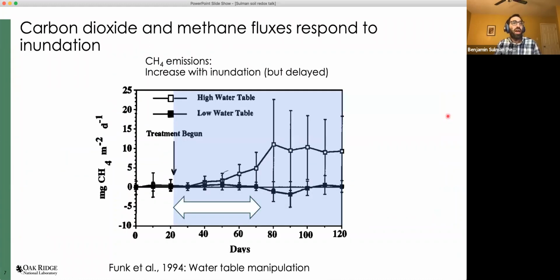So if we look back at our diagram of methane production under high versus low water table conditions, we can see that under high water table conditions, you do have higher methane production, but there's a delay of, in this system, 50 to 70 days before methane production really ramped up.